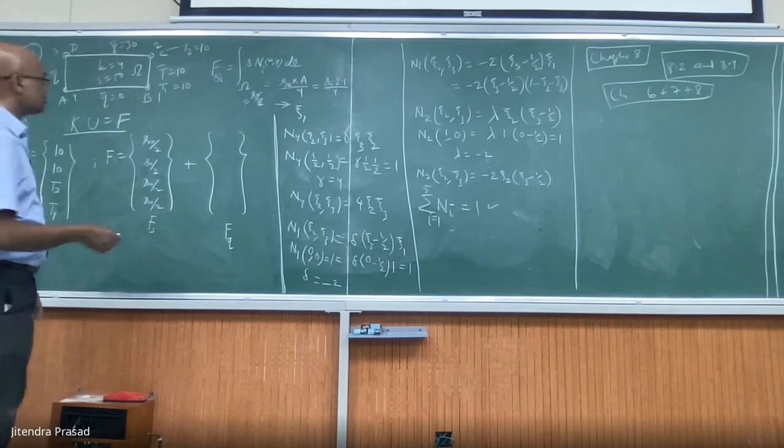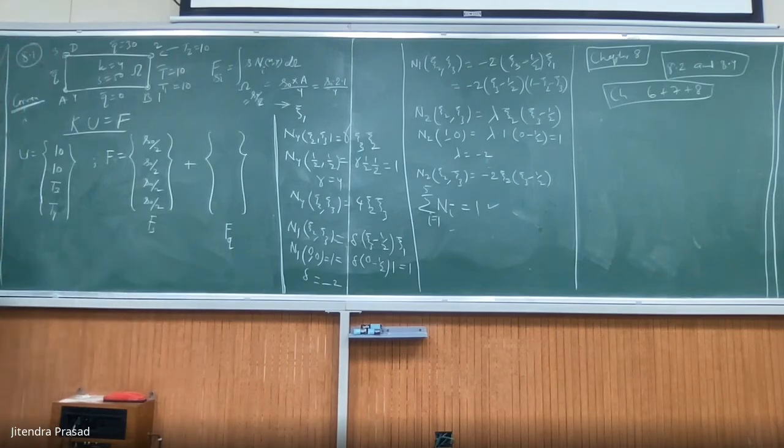Okay, now F_Q. This is also equal to 0. If you go from A to B, then Q bar is equal to 0. Actually, you did not have to mention Q bar equal to 0, because it's a natural boundary condition. Even if you don't mention it, it's automatically taken as 0.